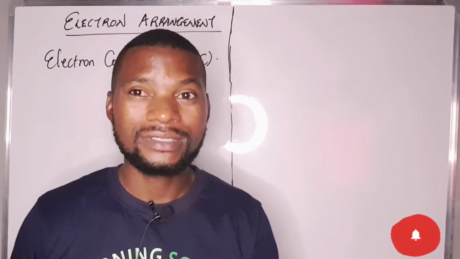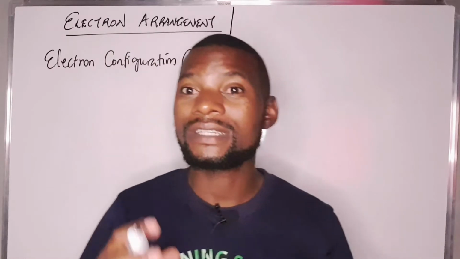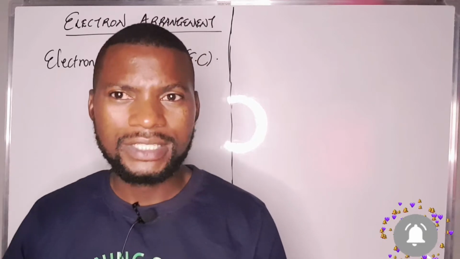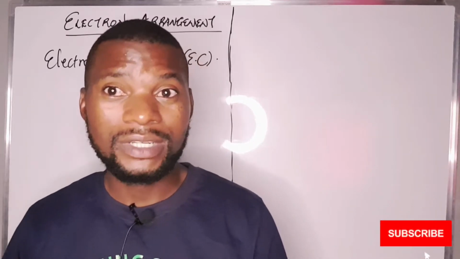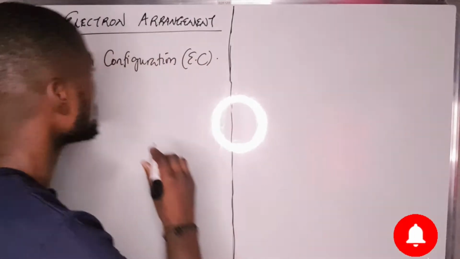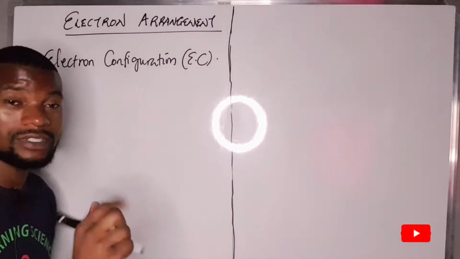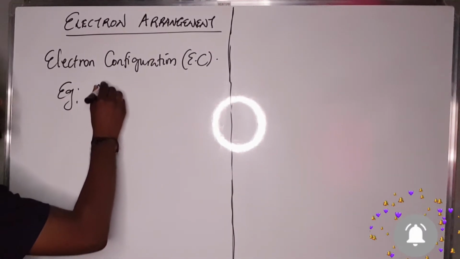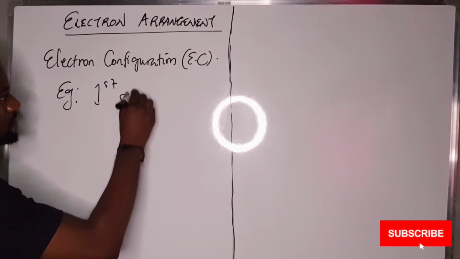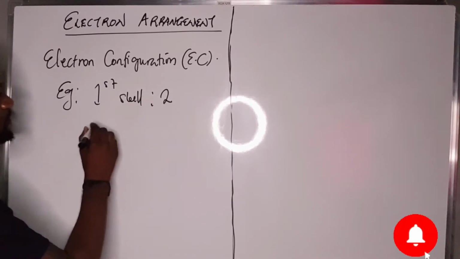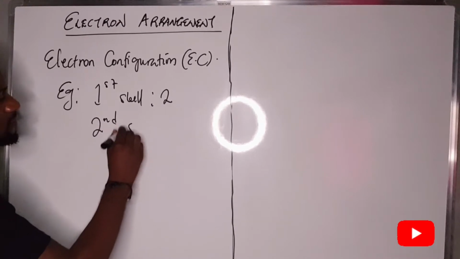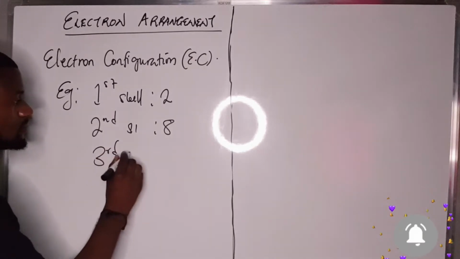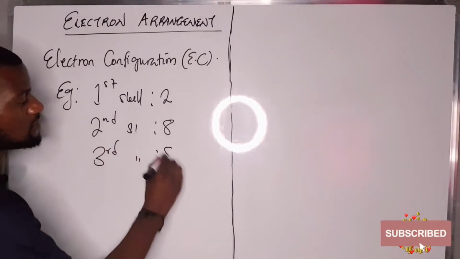The electron configuration shows how the electrons are arranged in the energy levels, and each shell, or each energy level, accommodates a definite number of electrons. For example, for the first 20 elements on the periodic table, the first shell accommodates a maximum of 2 electrons, the second one accommodates 8, and the third one accommodates 8.